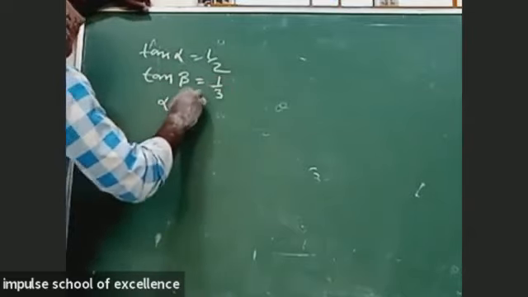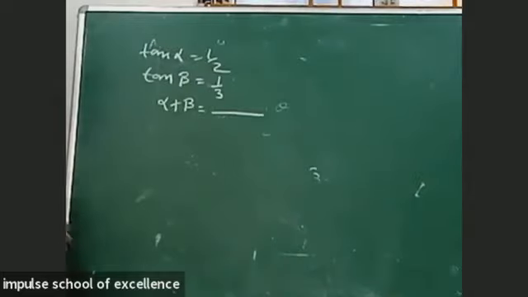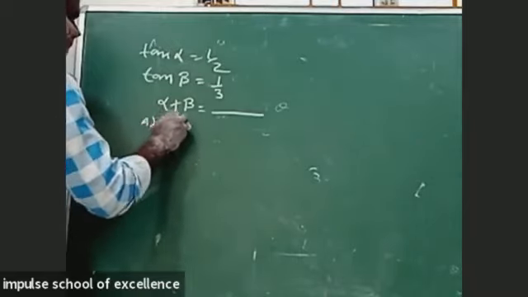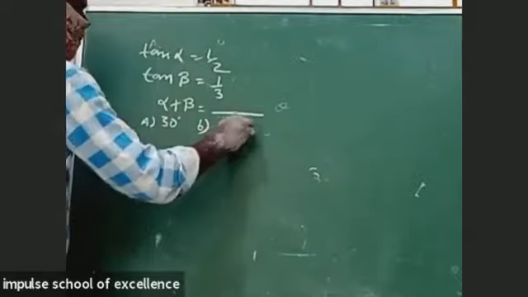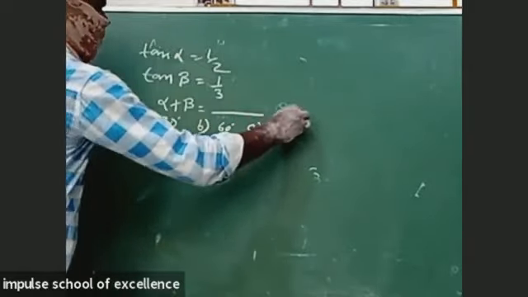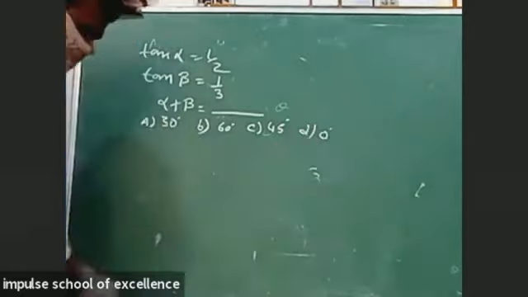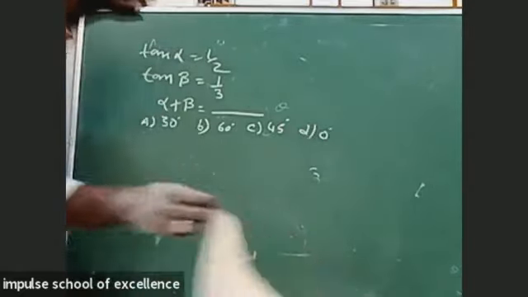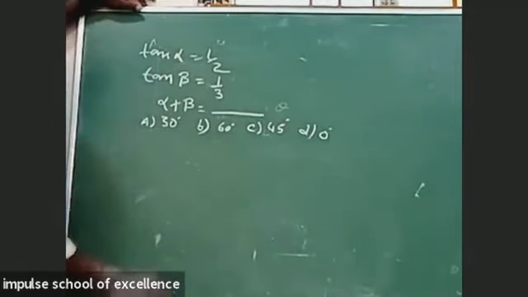Then alpha plus beta is equal to dash. Option A 30 degrees. Option B 60 degrees. Option C 45 degrees. And option D 0 degrees. It's homework to solve at home.